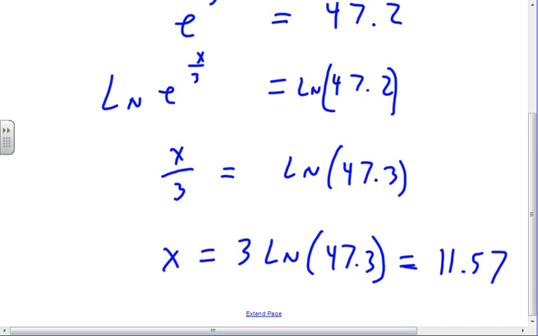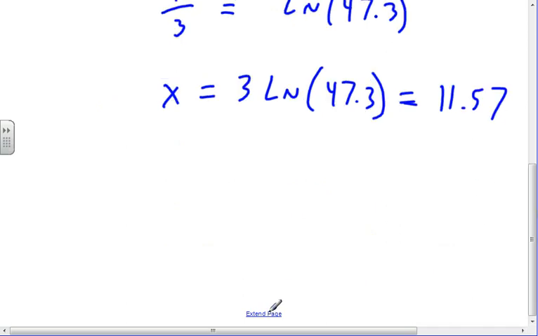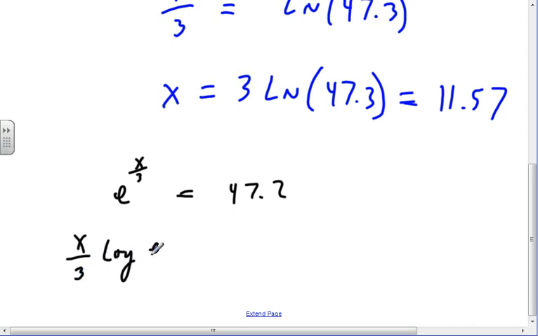I could do it using common logs, so we'll rework the problem. Which problem was it anyway? So I could take that is equal to 47.2, and I could say x over 3 times the common log of e is equal to the common log of 47.2.